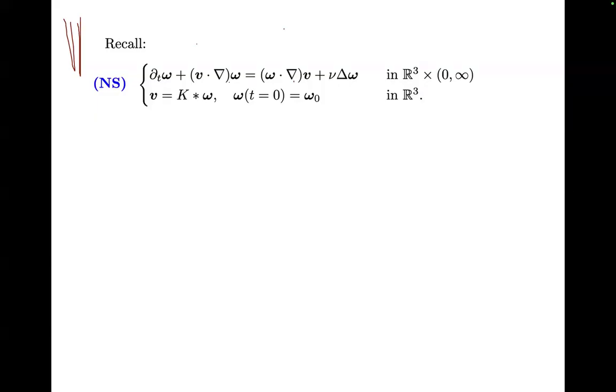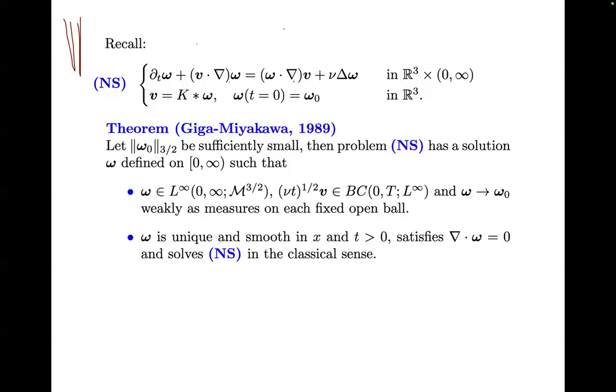And then the first term on the right is what is called the stretching term, which is the variation of the velocity in the direction of the vorticity. And this stretching term is the one which is really a nightmare in 3D, because in 2D it disappears by orthogonality. All right. Then the relation between the vorticity and the velocity is the one you see there, given by a convolution with a kernel, which is the Biot-Savart kernel that appeared in some previous slides.